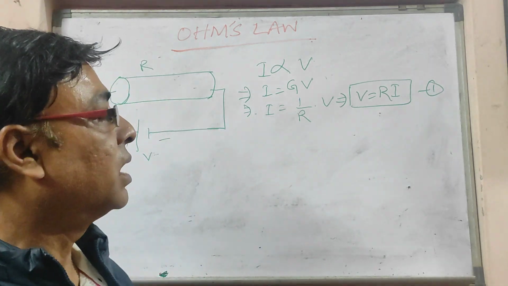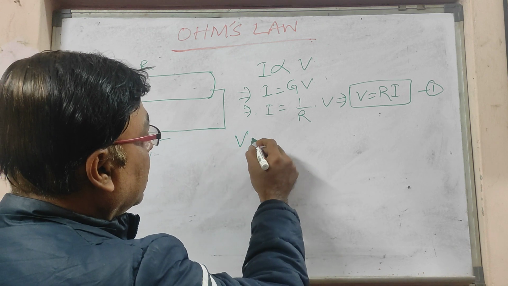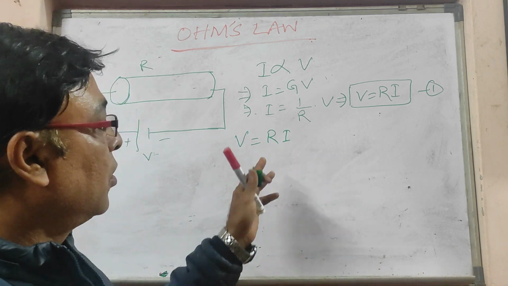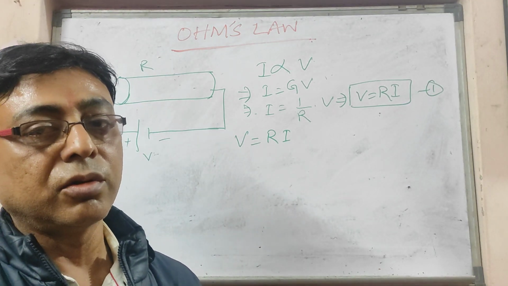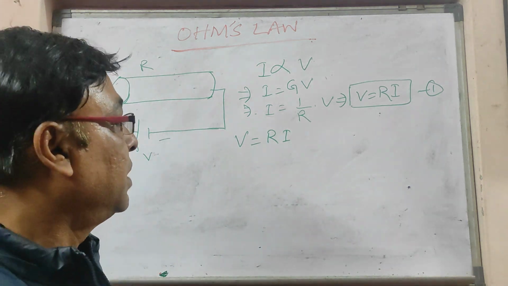We know that mathematical interpretation. Now, from this equation V = R I, and from the physical law of resistance, R = rho L / A, where rho is the specific resistance or the resistivity of the material.